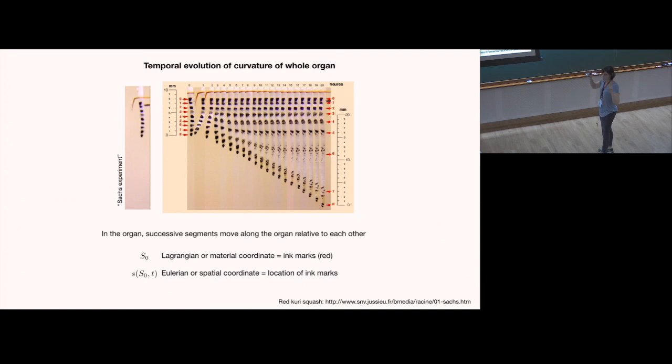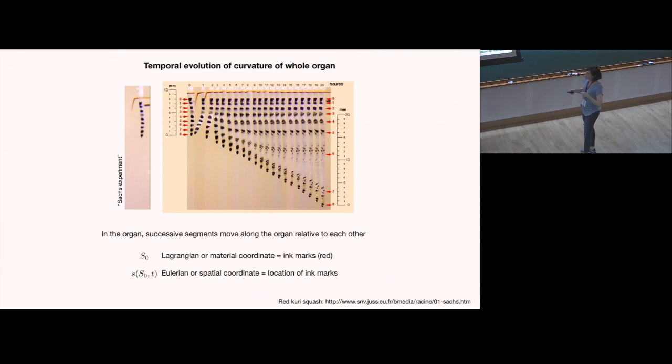It's a classic Sachs experiment, because Julius Sachs was the first who did this many years ago. So I'm going to show you a movie on the left, and on the right what you see is snapshots of this growing root. What they did is they marked with dots, once every millimeter along the root, and they see what happens to the dots.